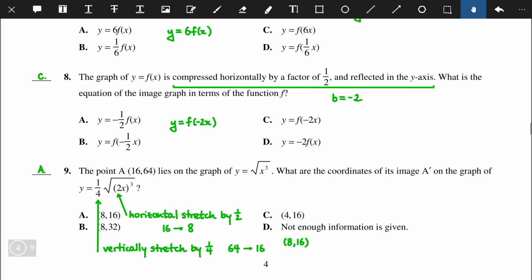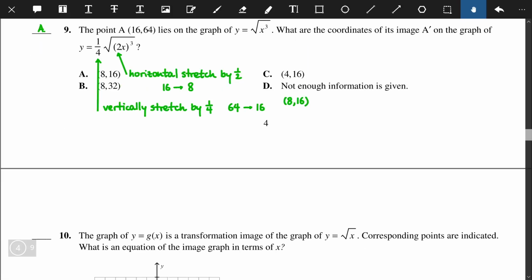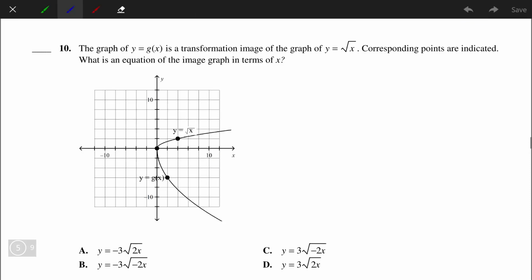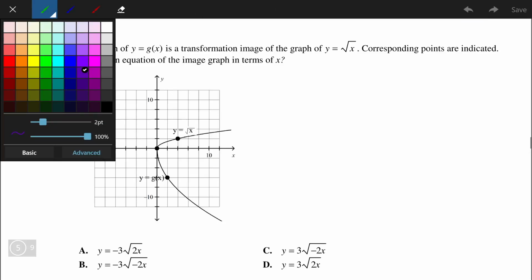So let's move on to number 10. The graph of g of x is a transformation of the image of the graph y equals the square root of x. The corresponding points are indicated. What is an equation of the image graph in terms of x? So there are 2 points of note on the original function.